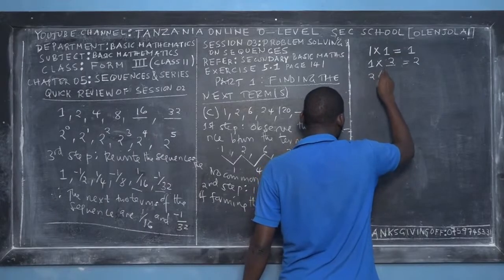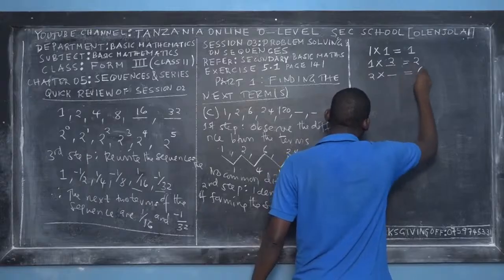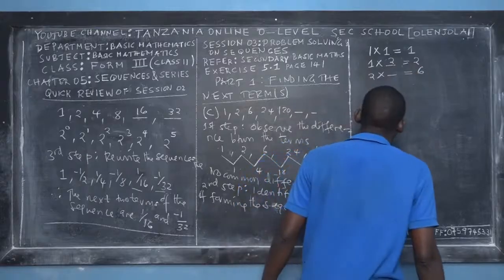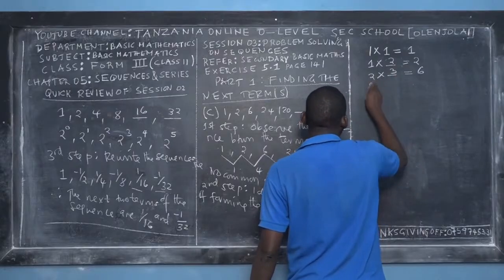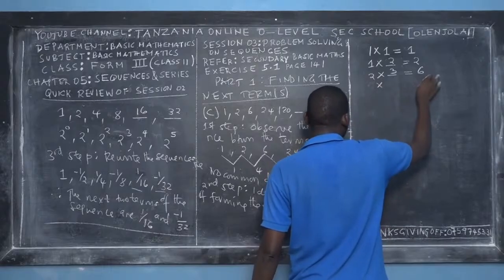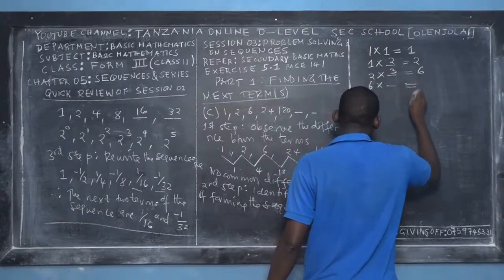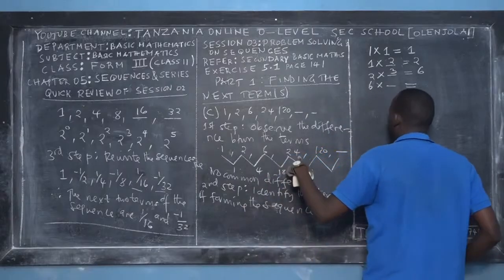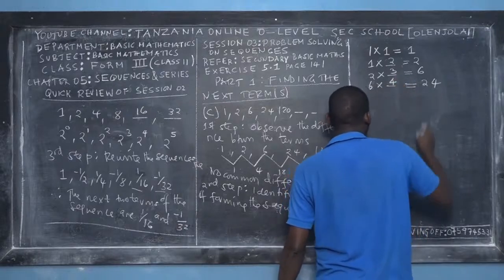Then we take the second term. We think, what number should we multiply with in order to get 6? The answer is 3. So we are forming the patterns. Then we take the third term, which is 6. We think, what number should we multiply in order to get the next term, which is 24? The answer is 4. So 6 times 4 is equal to 24.